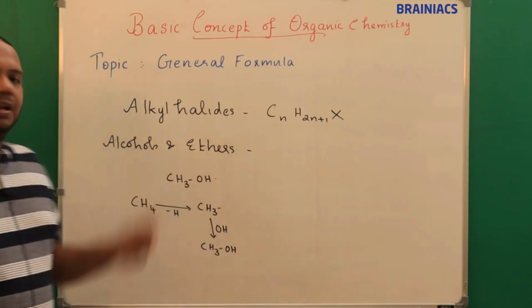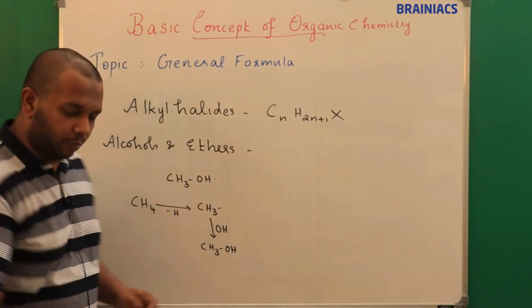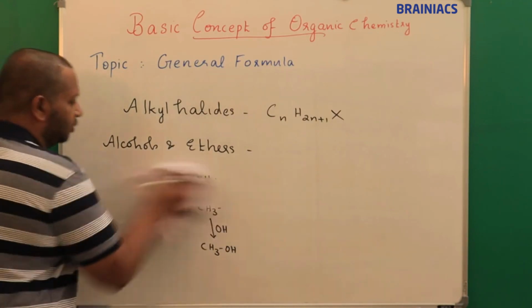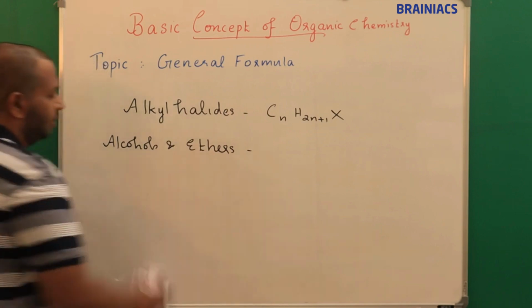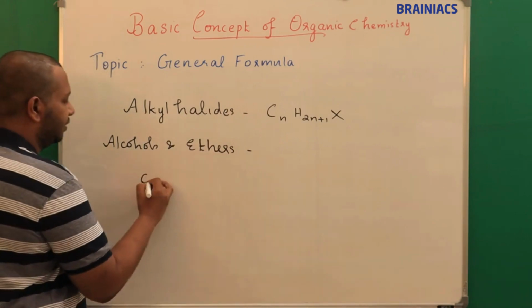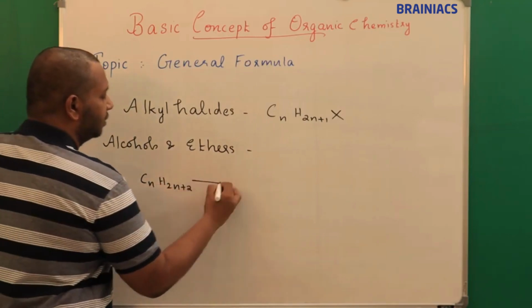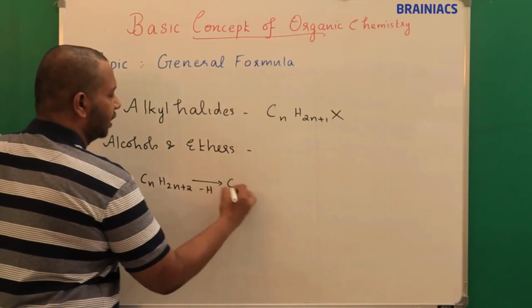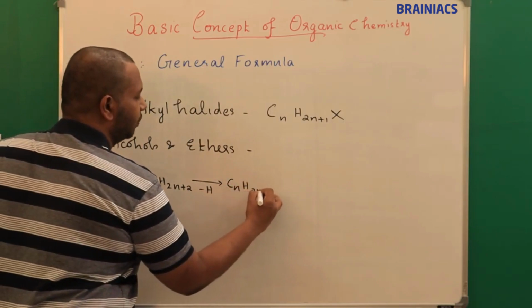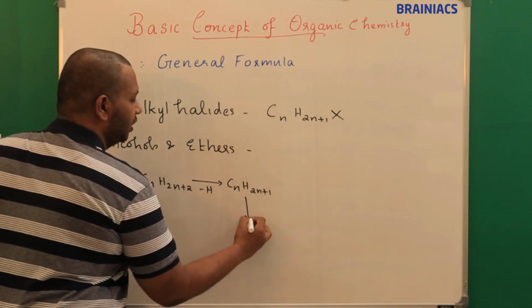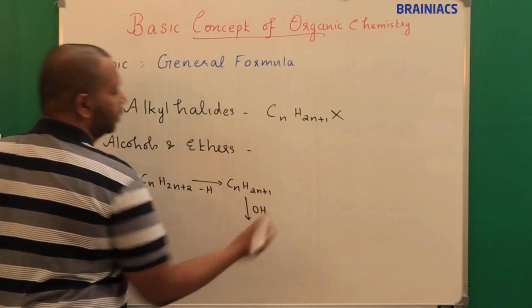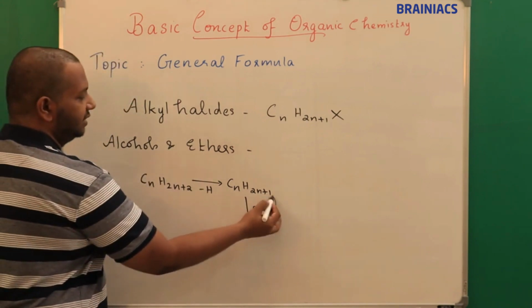Correct? So in a similar way we will try to derive the general formula also. Okay? So let's say we have from alkane CnH2n plus 2. From this one hydrogen is removed, so that this becomes CnH2n plus 1. Into this we are adding an OH group. So when the OH group is added, this H is coming back.